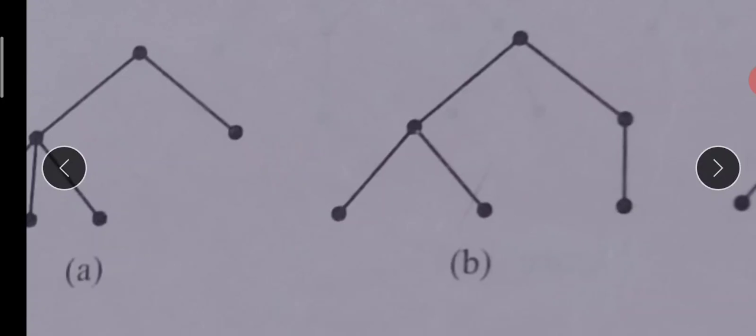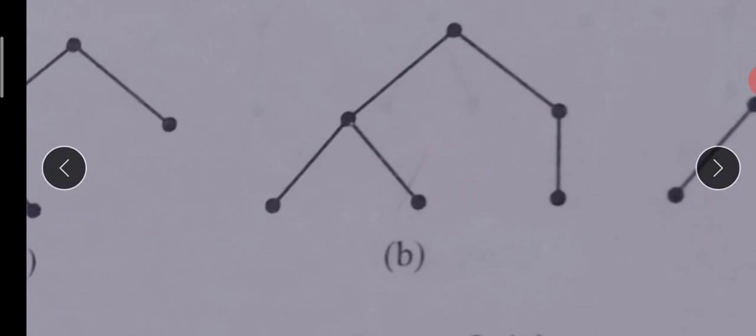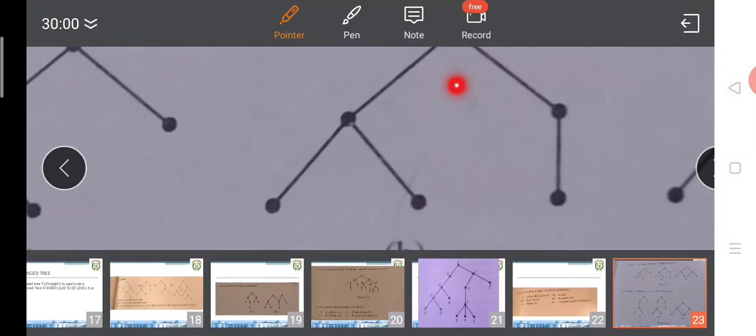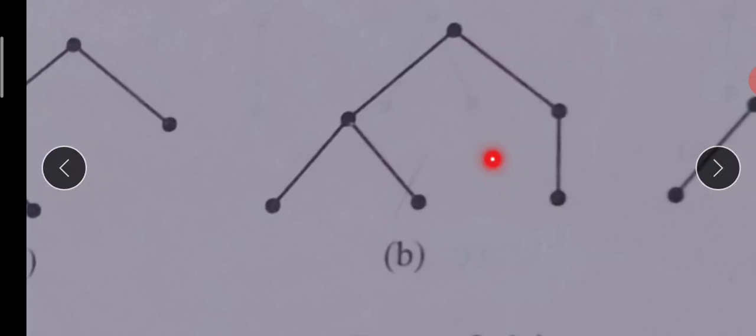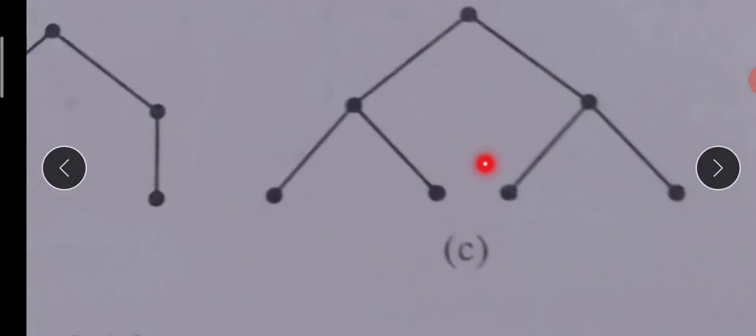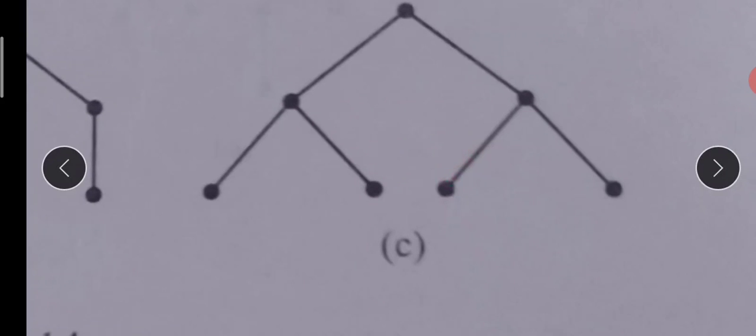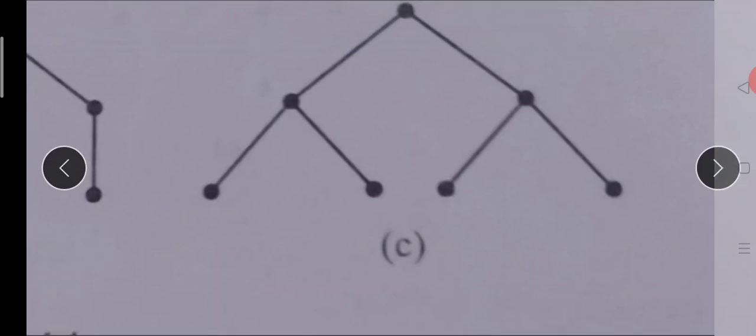The second one is a binary tree because every node's degree is at most 2, but it is not complete. If you add one more node, it becomes a complete binary tree, because every vertex has degree 2. Okay, next.